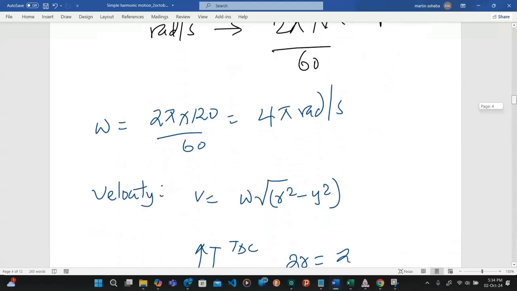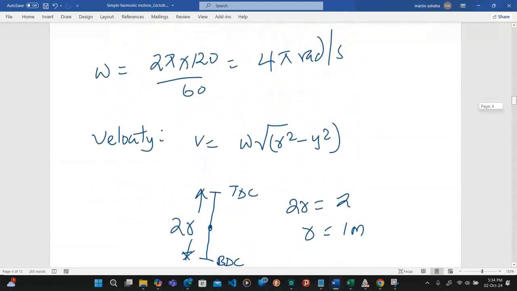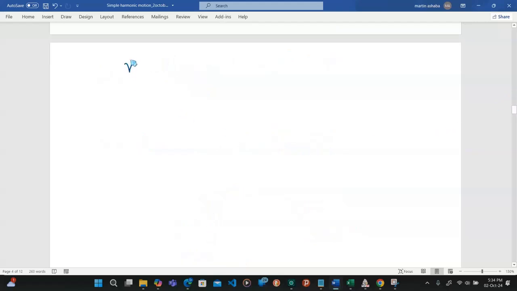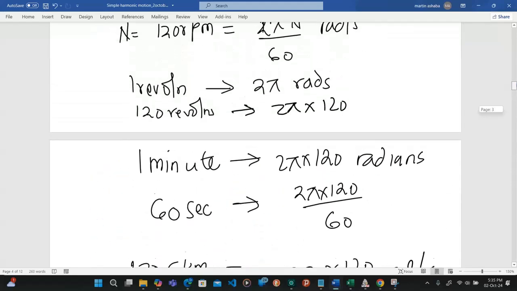Having obtained r, and we know omega, we can proceed and look for y. So v is equal to omega, which is 4 pi, times the square root of 1 squared minus y squared.